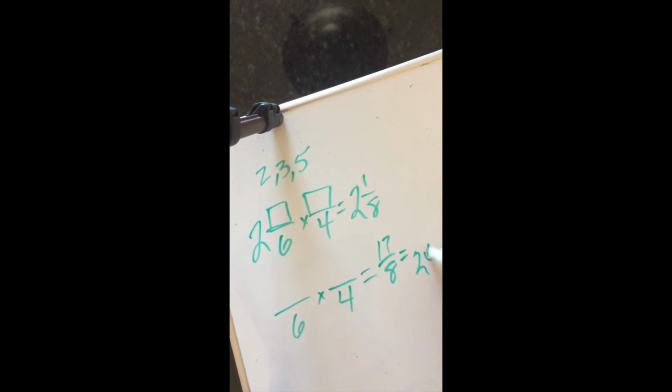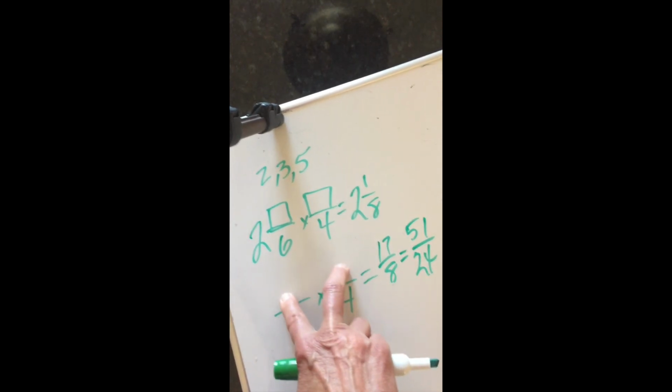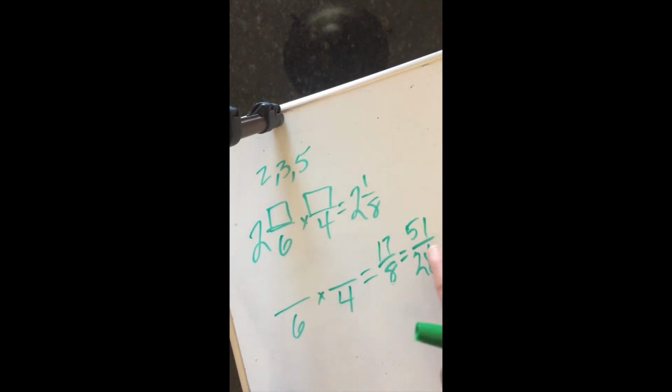So I'm going to make this 24ths by tripling the 8. 8 times 3 is 24. 17 times 3 is 51. So we need the numerators to multiply to give us 51 because the denominators multiplying gives us 24. So now this becomes a little more interesting.